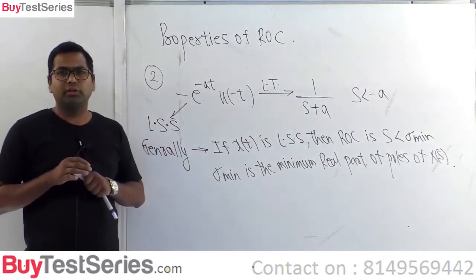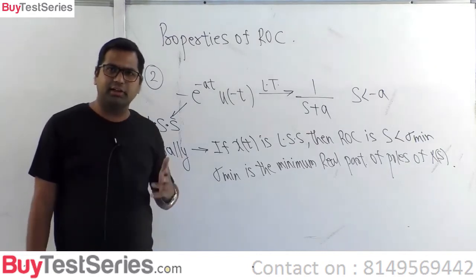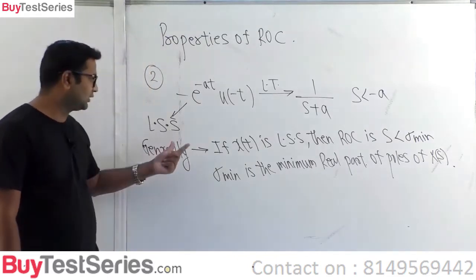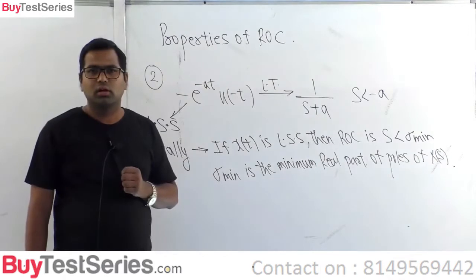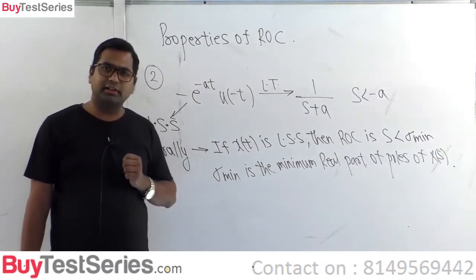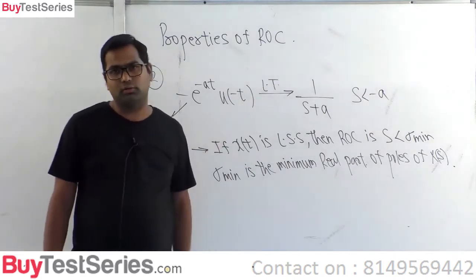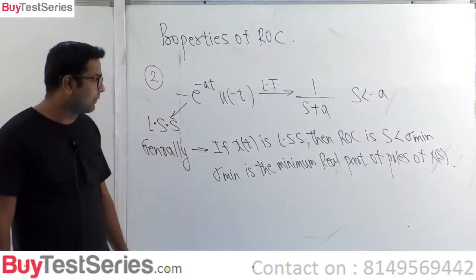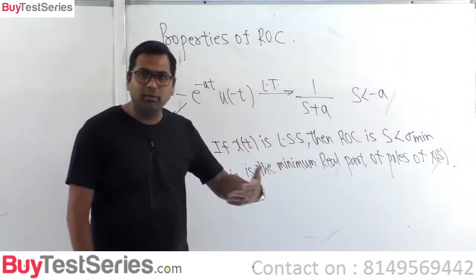Therefore, what we can learn from the first two properties is that if the signal is right-sided, ROC should be s greater than, and if the signal is left-sided, ROC will be s less than. In the first case of a right-sided signal, ROC should be s greater than the maximum value of pole. In the second case, if the signal is left-sided, then the ROC should be s less than the minimum value of the pole.